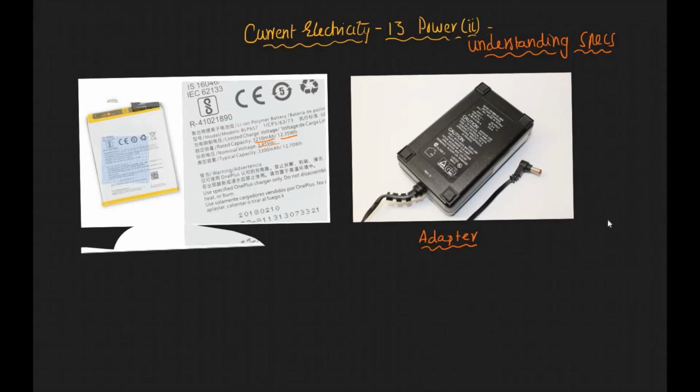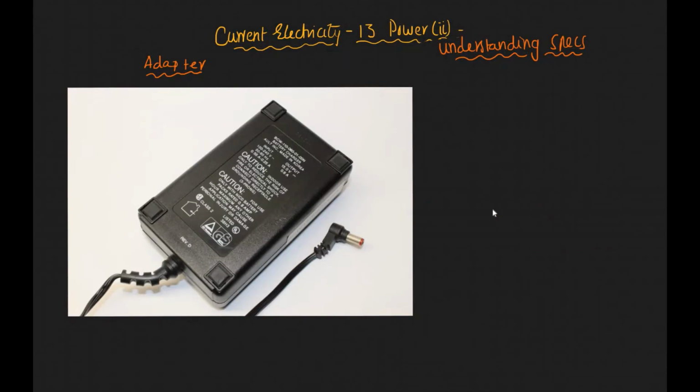One is your input voltage, which says it's about 100 to 240 volts, and it takes in about 0.55 amperes to 0.25 amperes from the wall, from the power that you get at your home.